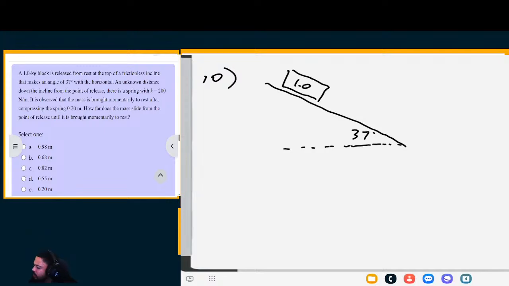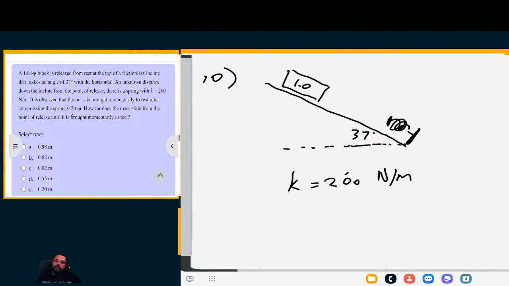So there's an unknown distance from here to this spring, and the spring constant of that spring is equal to 200 newtons per meter.